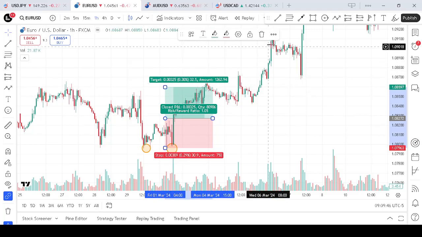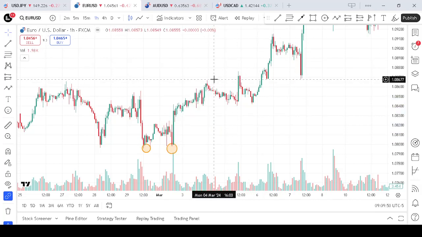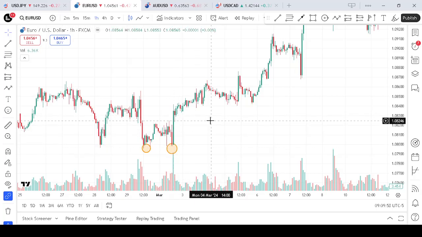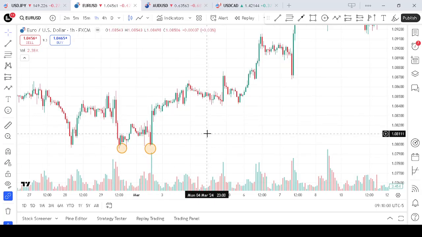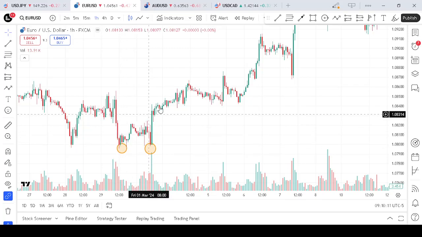Now, there are key points I would like you to note for both patterns. First of all, before taking any of this trade, you can confirm your trade with a volume analysis, or you can look for the pattern that forms over several price bars rather than a quick fluctuation.